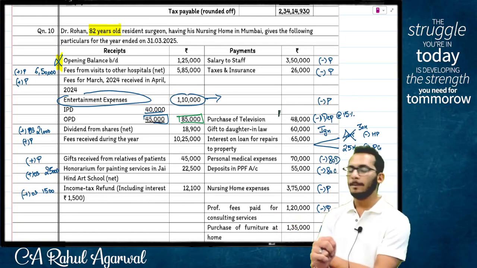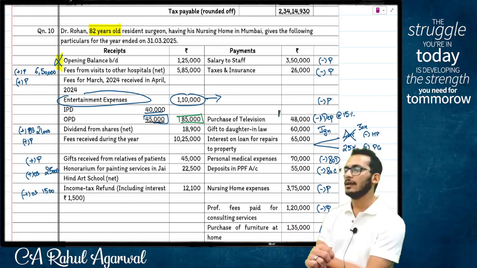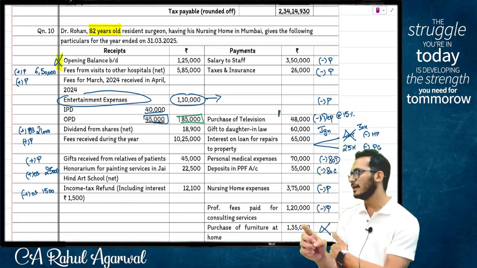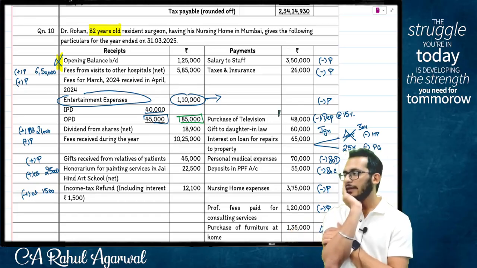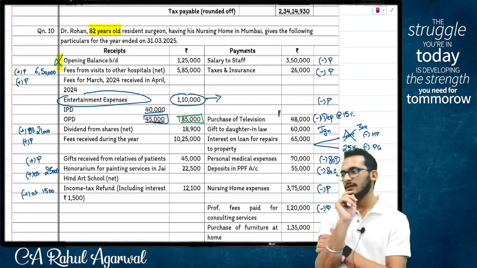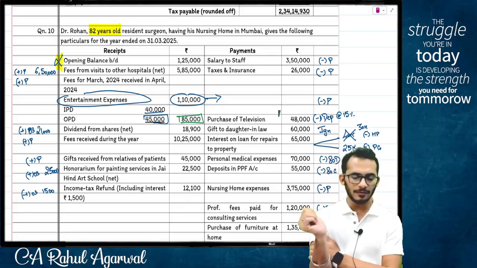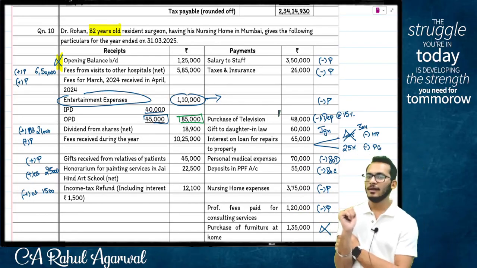Can we go forward? Point number 2, PGBP. People, we are doing direct method. We don't have net profit. We're doing direct method. So the heading is PGBP. Next line is receipts. Put out all my receipts, people. Put a hyphen.